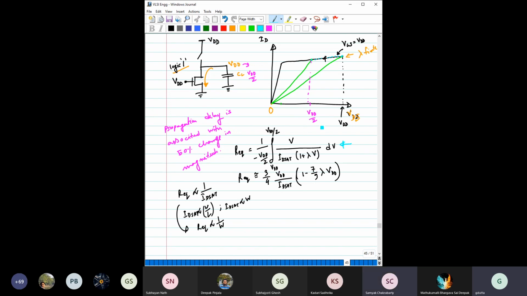This delta VD by delta I. Yes, sir. So I is a function of VD. If you are taking the derivative, then it would be at a particular point only, isn't it? Right. Won't it be the same for the whole saturation part?